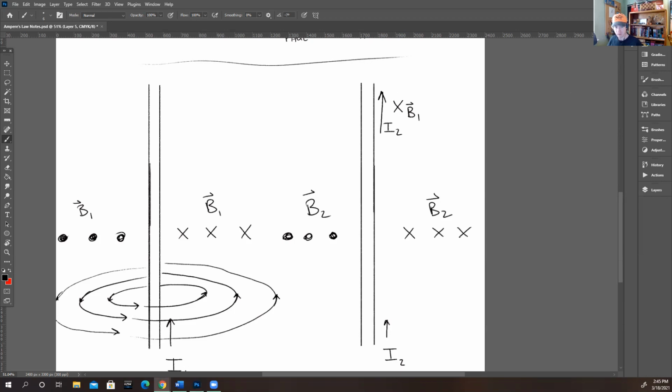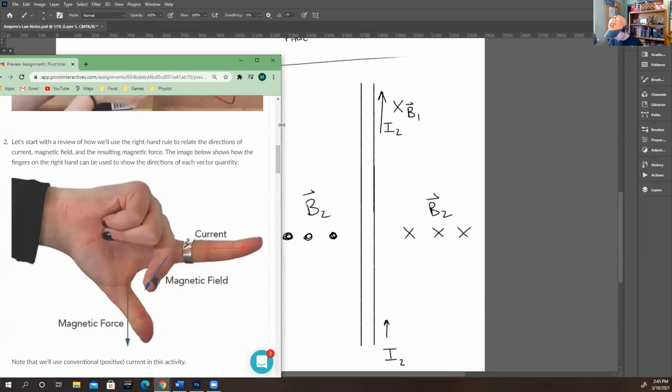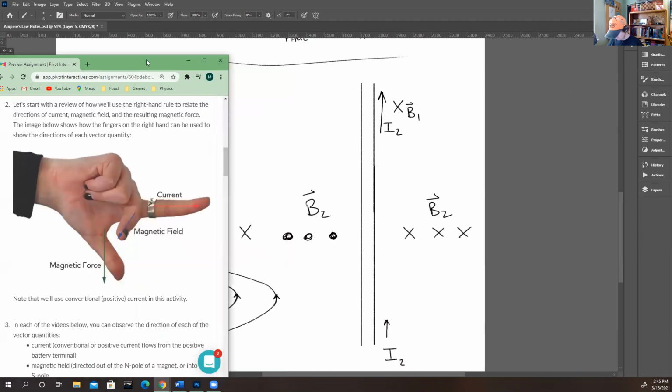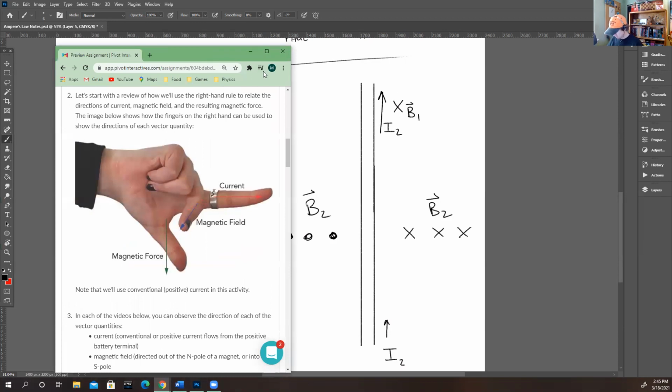Let me get that right-hand rule thing out. So I'm going to cover this side specifically. I2, it's moving this direction, and it's moving through this magnetic field. So I use this right-hand rule. The current direction is up. The magnetic field direction is into the page.